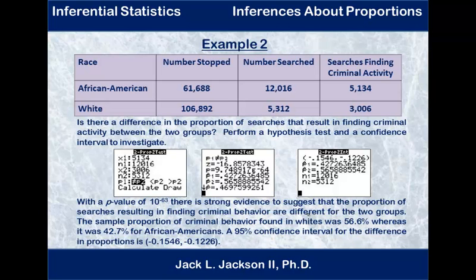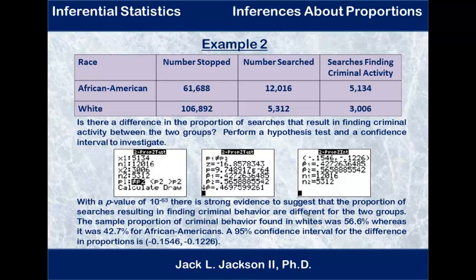So we have extremely strong evidence, again, to show that the proportion of searches resulting in criminal behavior is different for the 2 groups. Actually, the sample proportion of criminal behavior in whites was 56.6%, whereas it is 42.7% for African Americans.